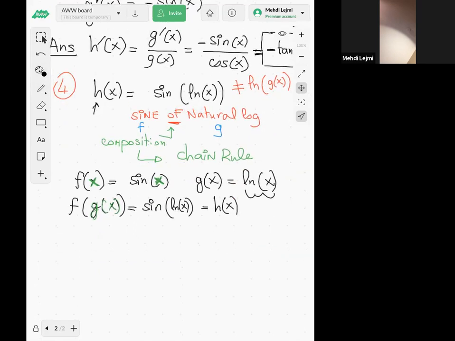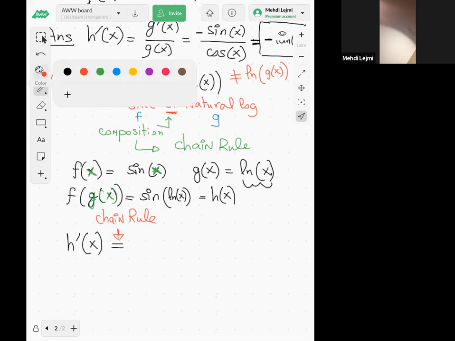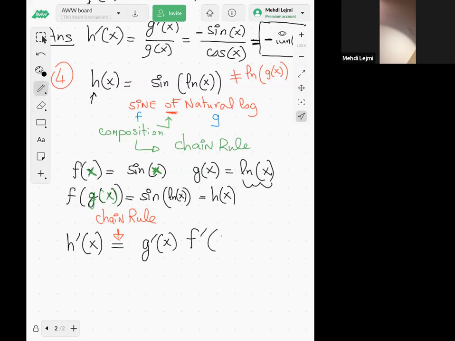So now I can apply my chain rule. The chain rule says that h prime of x is equal to g prime of x times f prime of g of x. Now, what's g prime?